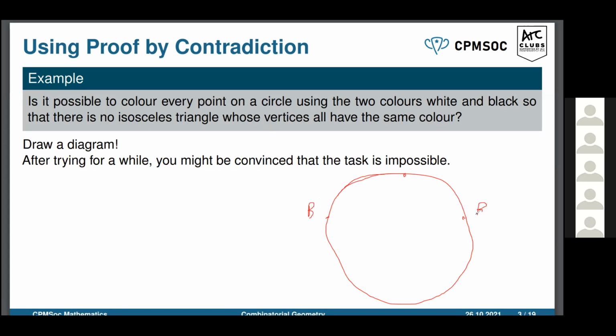If I have two blacks here and two whites here, then you can construct two different isosceles triangles, but no matter which color you choose for this one, you're either going to have an all black triangle or an all white triangle. So even for this finite number of points, it's already impossible for this configuration.